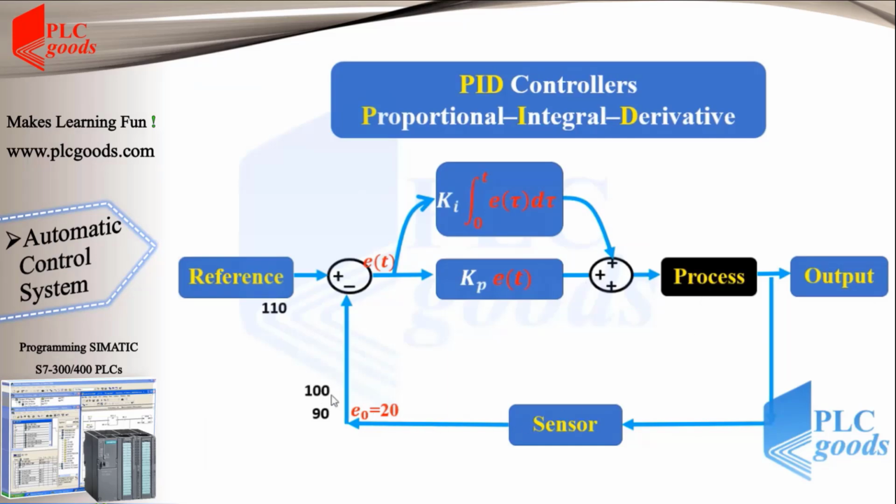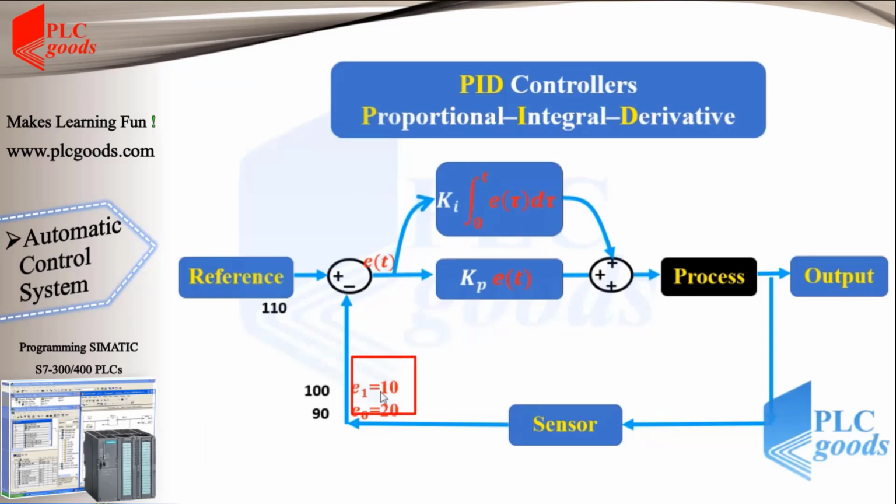For example, let's assume the PV value has reached 100 centimeters and therefore E1 is equal to 10. Notice that as the error value decreases, 10 versus 20, the output of the proportional section is also decreased, but with the passage of time, the output of the integral section will no longer be equal to zero.